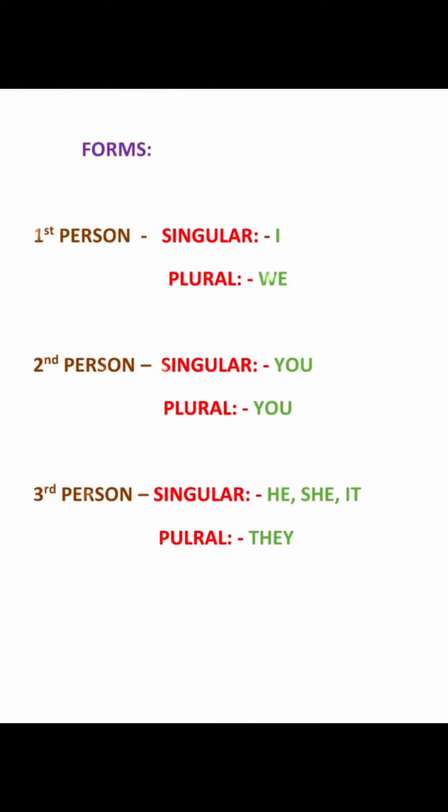Next, the forms. First person singular I, plural we. Second person singular you, plural you. Third person singular he, she, it. Third person plural they.